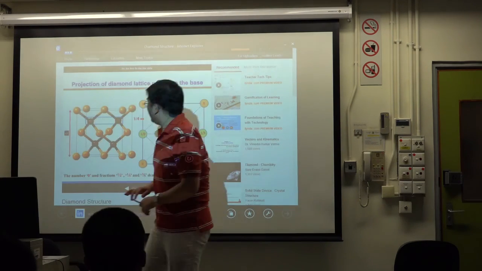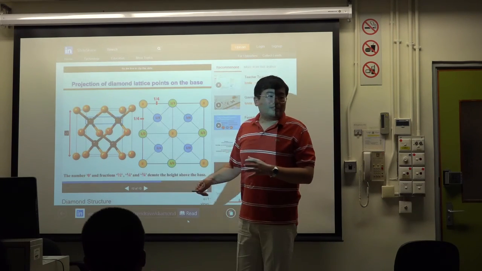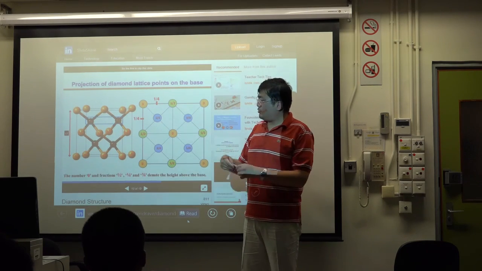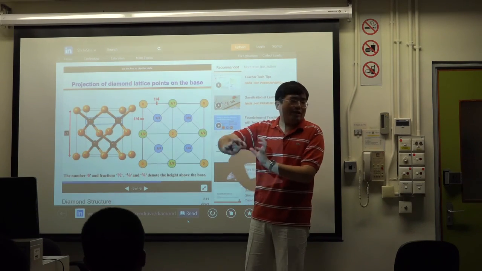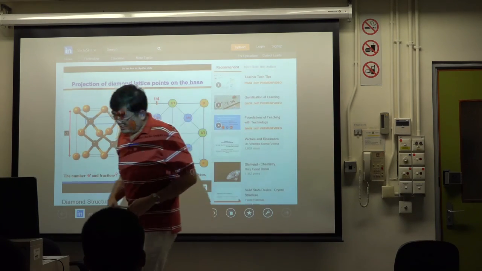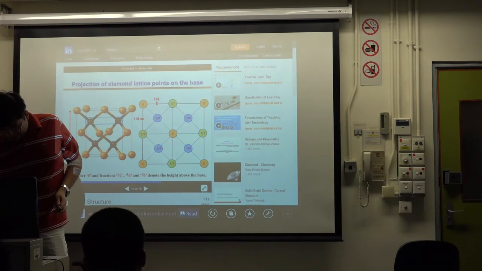You can see the diamond atoms are interleaved, and every position has a projection. So you must drill in different directions to touch each point. This is an important thing. This is also a multi-layer structure.